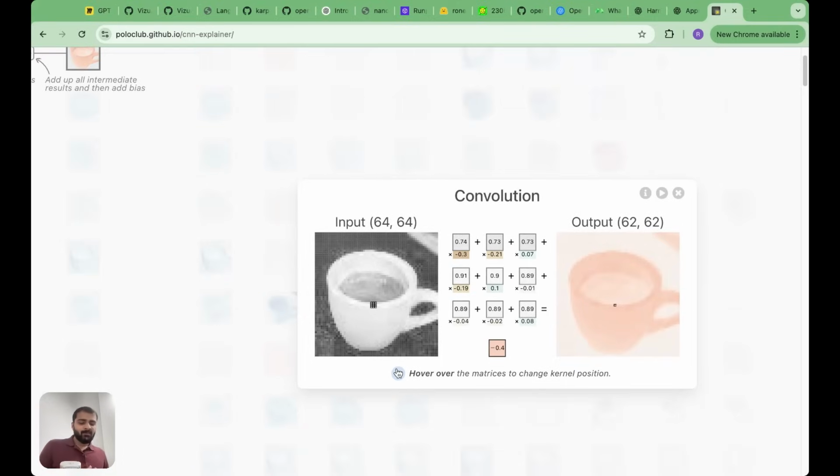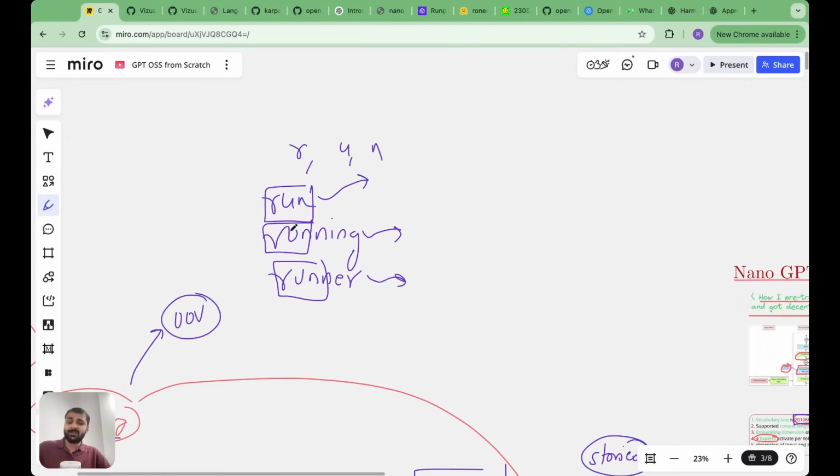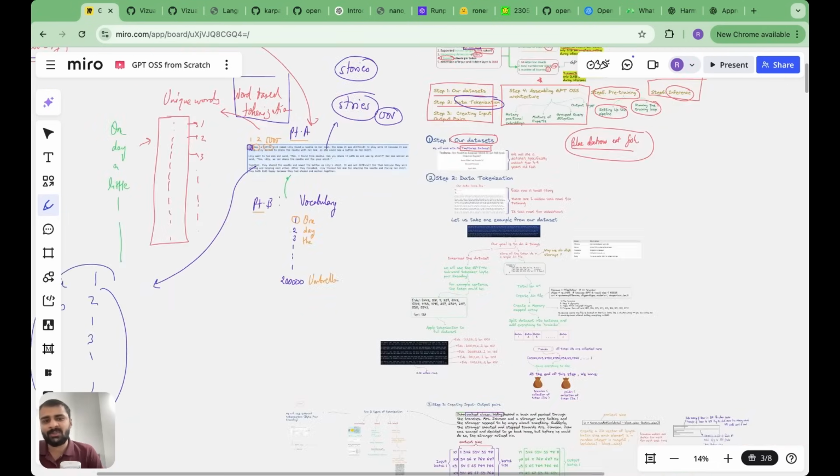So CNNs work because they exploit the property of the dataset, which is images. Here also, if we want language models to work, we need to capture the properties of the dataset, which is text. And what's the property of text? Words carry meaning. So the moment you break down a word into characters, that entire meaning is lost, which is not good. That's one major issue with character level tokenization.